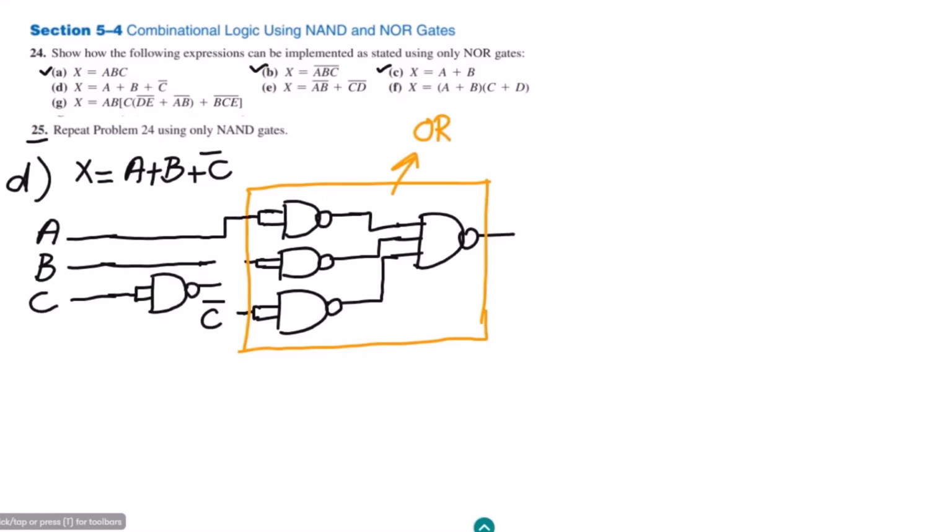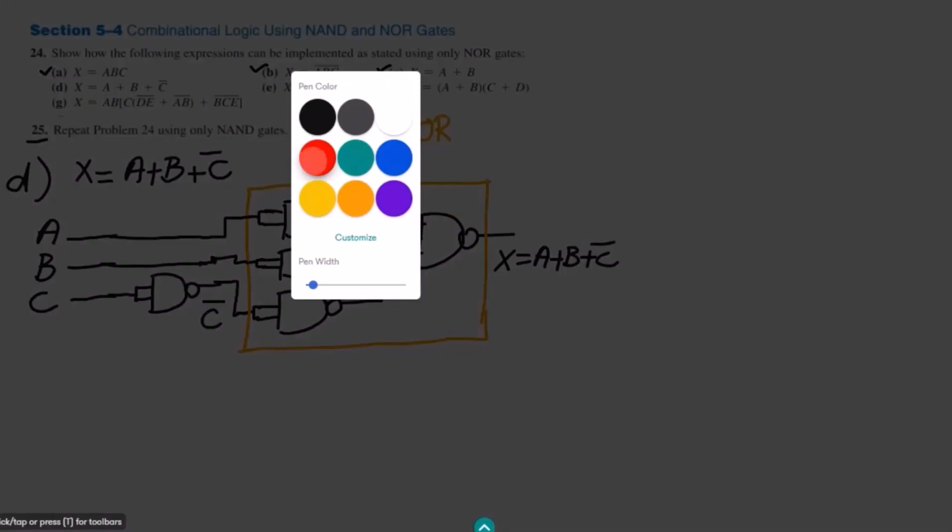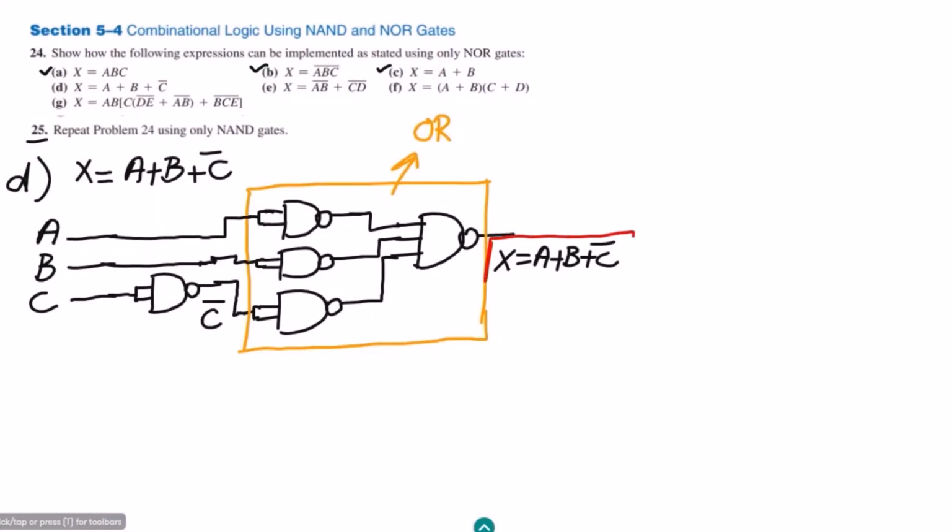The first input is here, the second one is here, while the third one is here, and at the output of it we will get the summation of the inputs, which is x equal to A plus B plus C complement. This is the summation of the 3 inputs. Similarly, this is the solution of part D here.